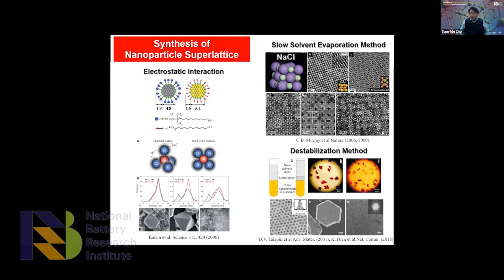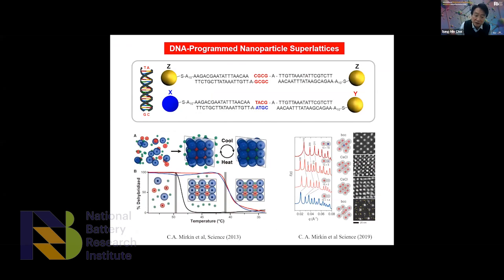to synthesize nanoparticle superlattices? There have been various studies using electrostatic interaction, solvent evaporation, or depletion stabilization methods and so on. These form very beautiful structures. And another interesting way of preparing this superlattice is using DNA.